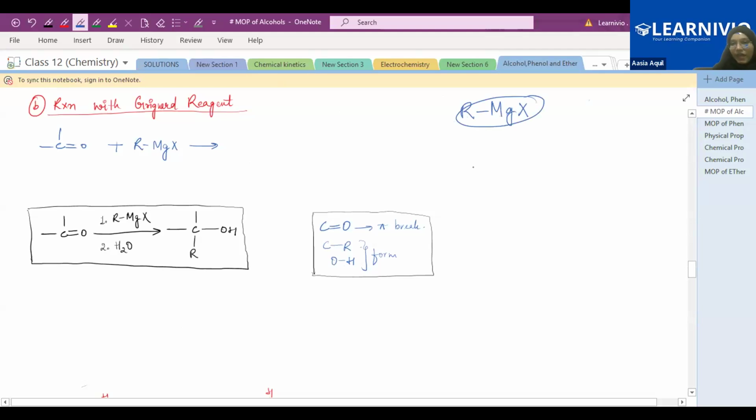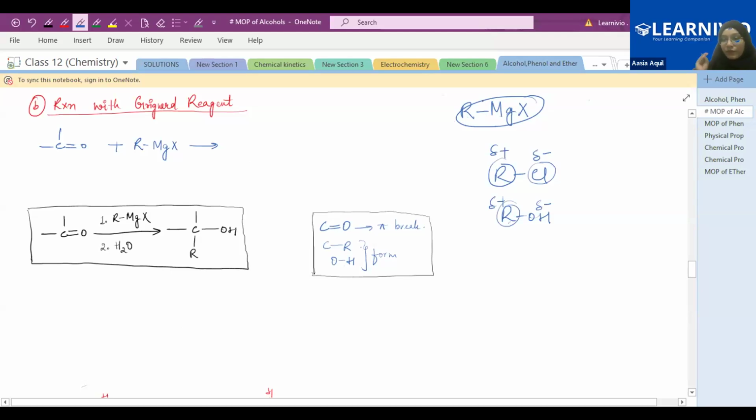Now see, until now we were looking at bonds like the R-Cl bond in alkyl halides, or alcohols. In each of these bonds, the halogen is more electronegative, so it acquires partial negative charge, and the alkyl group has partial positive charge. Likewise in alcohol, the OH has partial negative charge and the R group has partial positive charge. But in the Grignard reagent, a metal is attached. What is the nature of a metal?